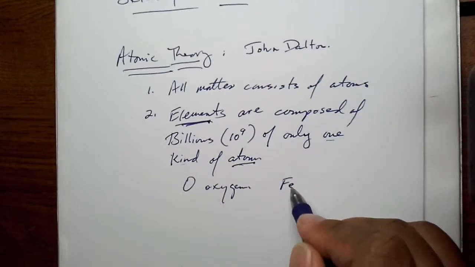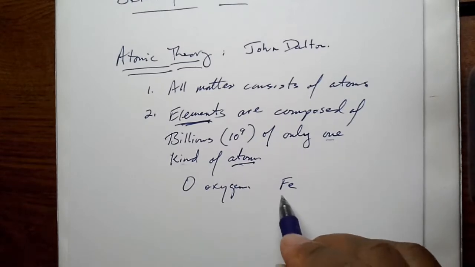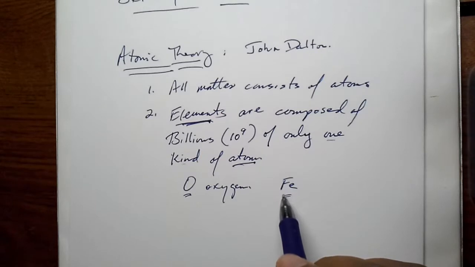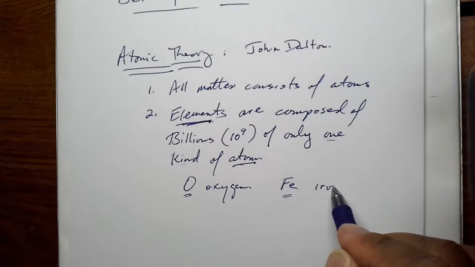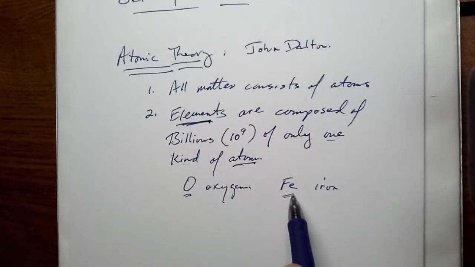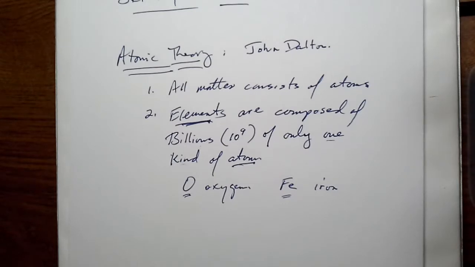Iron. Okay, we're quite familiar with iron, the elemental iron. Notice I don't put a charge. There's no charge on these. All the elements in the periodic table are neutral. But again, iron consists of billions of atoms that give iron its characteristics, and these atoms are different from those of oxygen.